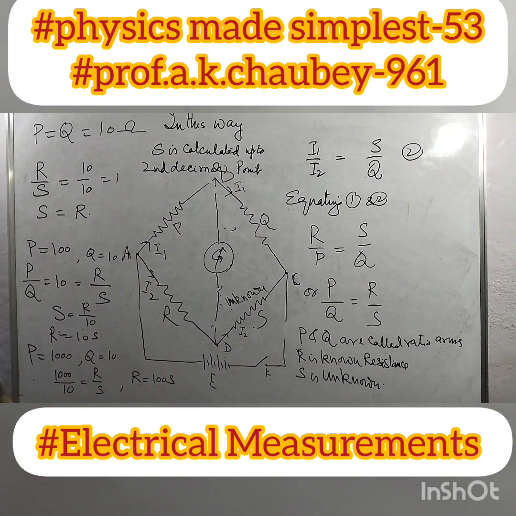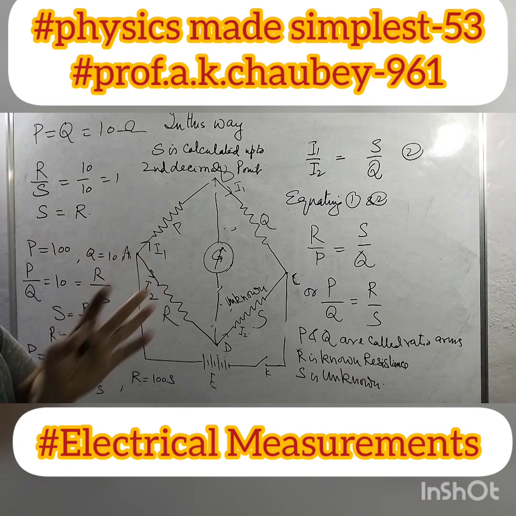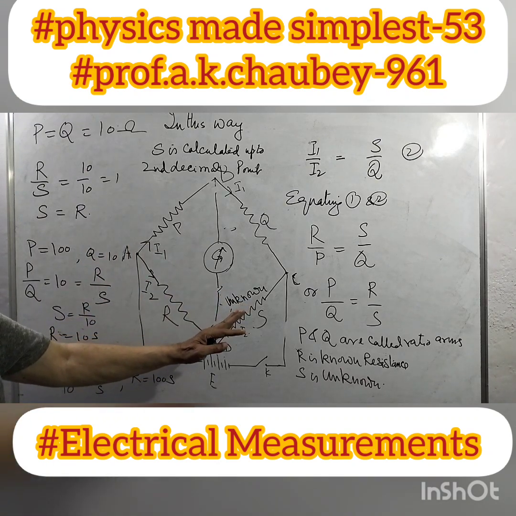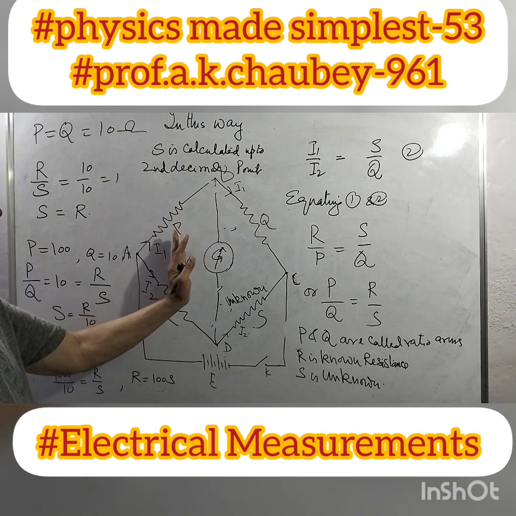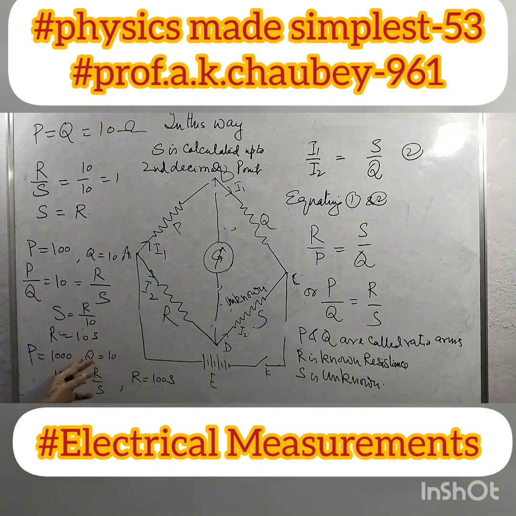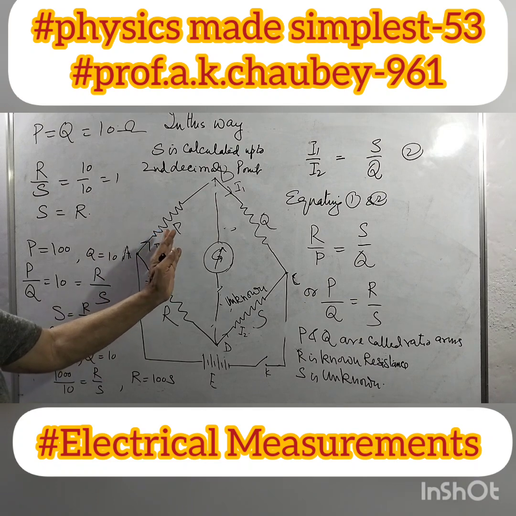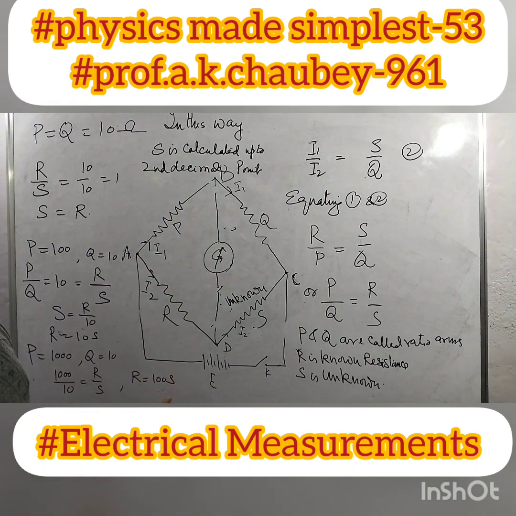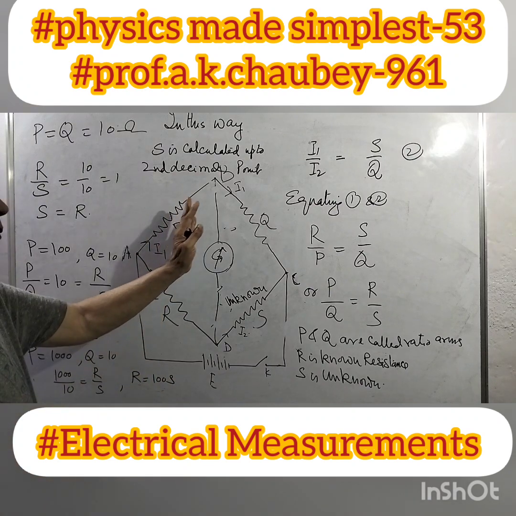So this method, Wheatstone's bridge, is very sensitive when all resistances are nearly equal. That gives a more accurate result. Otherwise, sensitivity decreases if in one arm the resistance is 1000 times of this, and both P and Q are also 1000 times more. When the ratio is too large, the sensitivity decreases, because the current in this arm becomes very small.